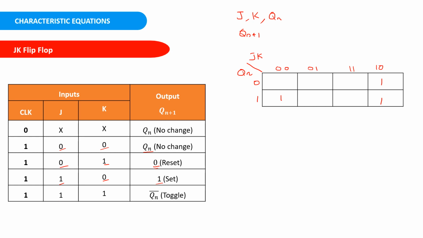Now when the 1 1 condition occurs for J and K, the output, that is Qn plus 1, is the complement of the previous state output. So when 1 1 occurs, here it is 0, so it will be the complement of that, that is 1. Then here it is 1, so the complement of that is 0.